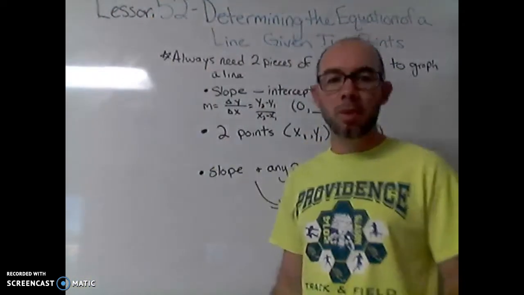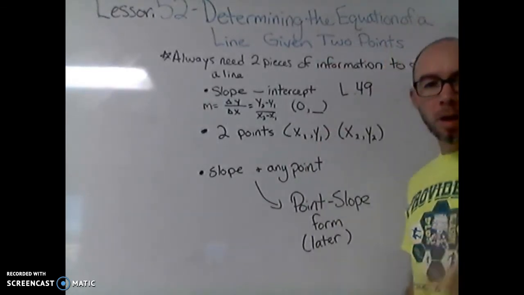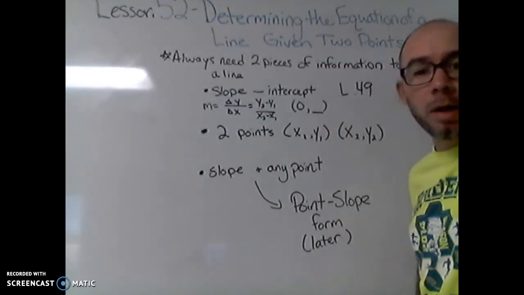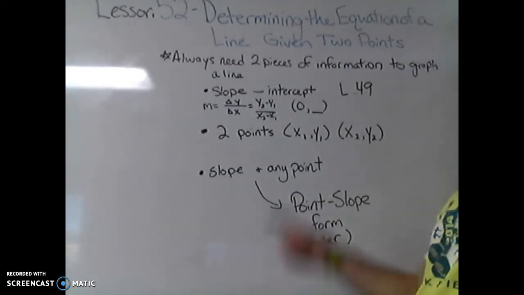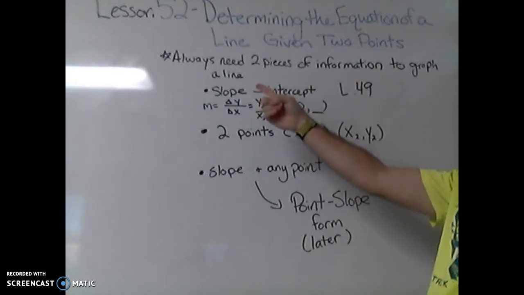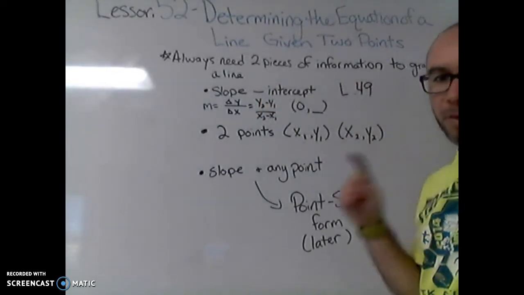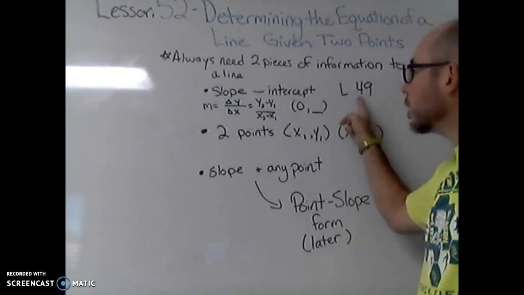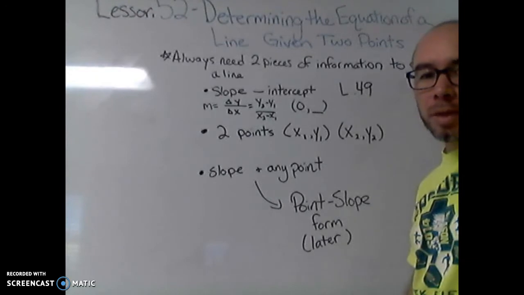Okay, let's look at the board. There are a few ways to draw an equation, but you always need 2 pieces of information in order to graph a line. The first one we did back in lesson 49, using the slope and an intercept.